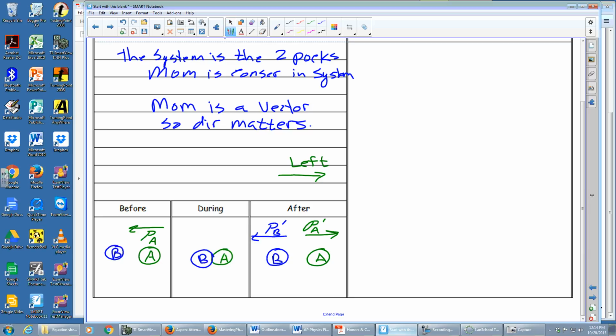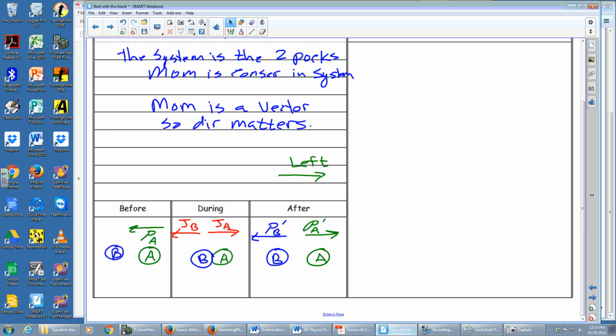And then in between here, we have an impulse on A in that direction. It had momentum in that way, now it's got momentum in that direction. And we have to have an equal and opposite impulse on B in that direction. So that would give me full credit on the Y. Yeah, that would work.